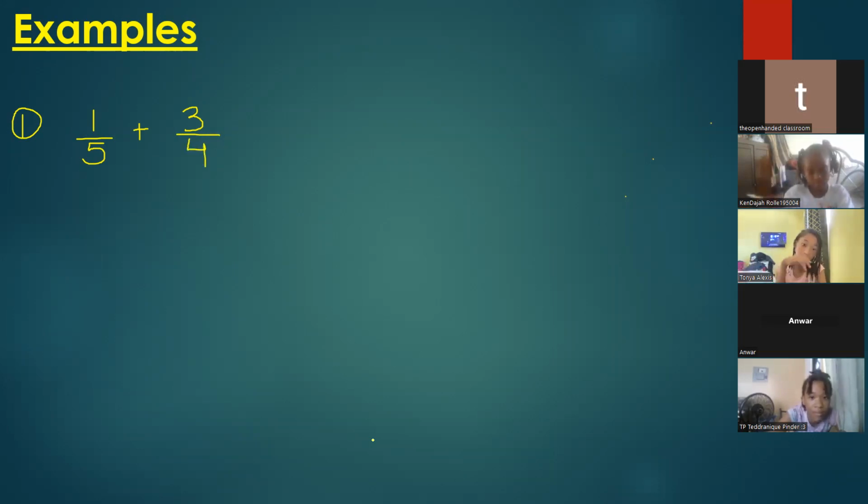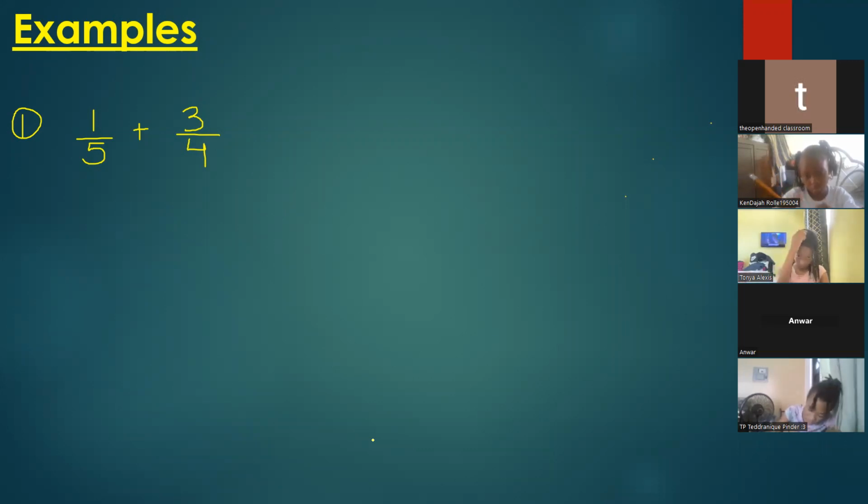So first question, are the denominators the same? Candasia, are the denominators the same? No, sir. Ariana, are the denominators the same? No, sir. Anwar, are the denominators the same?